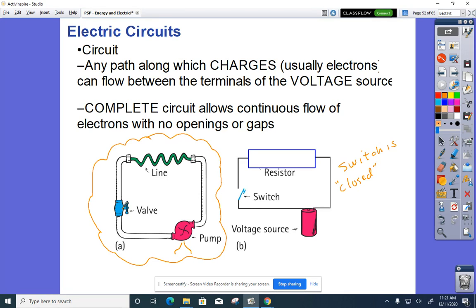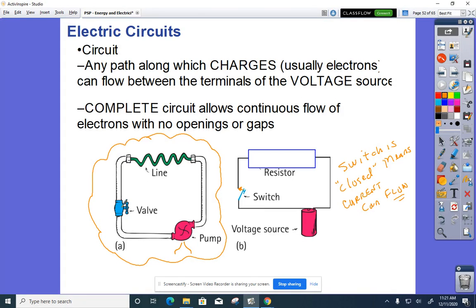When we say a switch is closed, that means that there's a complete path. So a closed switch would be more like an open valve, right? So the switch is closed means current can flow. Oftentimes students get confused there when you think about a mechanical valve being closed. That means it's shutting off the water. When we talk about closed switches, that means the charges can flow.